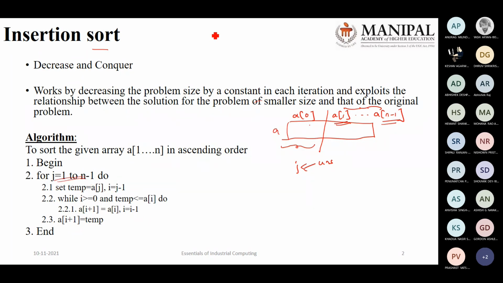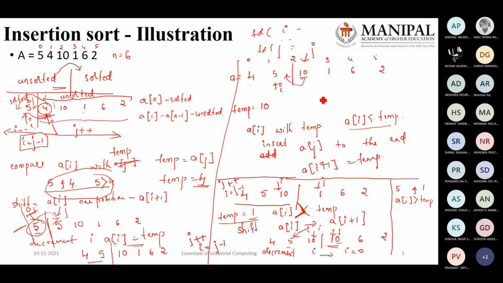Now inside the J loop, what you do: in your initial iteration, you are considering the first element of the unsorted list as temp, right? So temp is equal to A of J. You have observed it in every iteration in the consequent steps. First thing we do is initialize the value for temp.